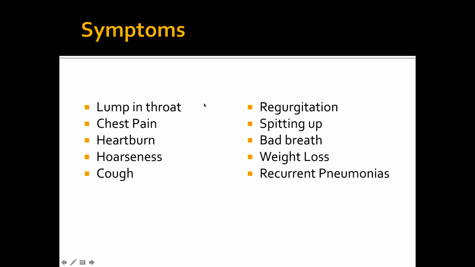Couple key things here. If someone has a lump in the throat, it tells you that their pathology is more in the upper esophagus than in the lower. So chest pain, heartburn, most reflux patients will have this, but achalasia patients can have this as well. Hoarseness, cough kind of tells you more upper esophageal disease.